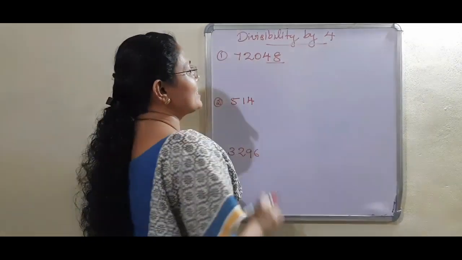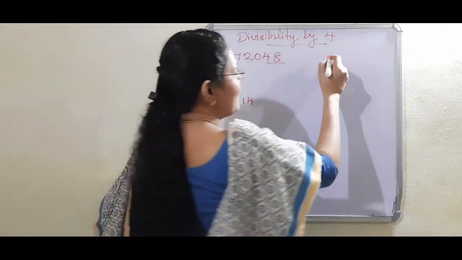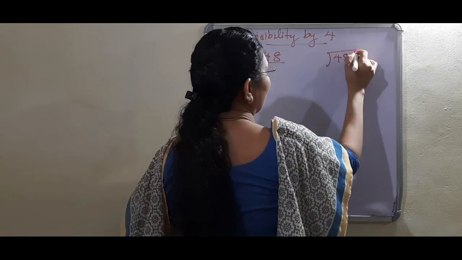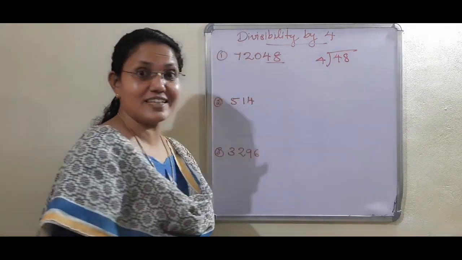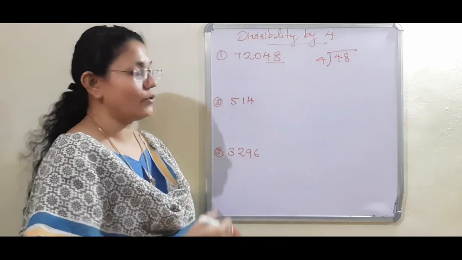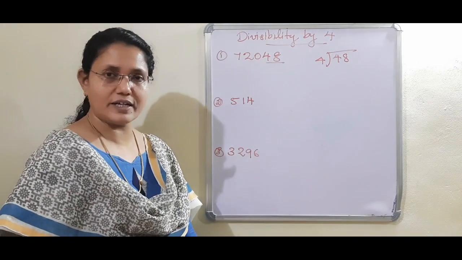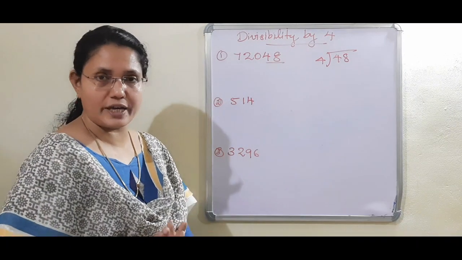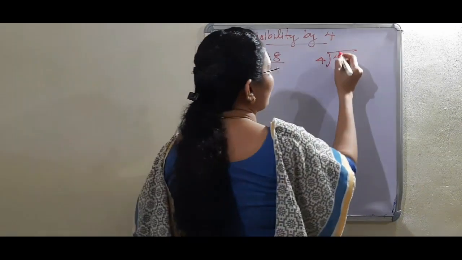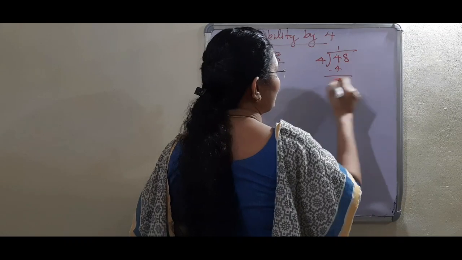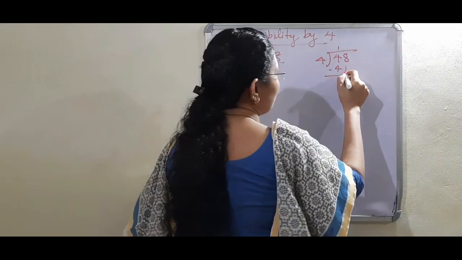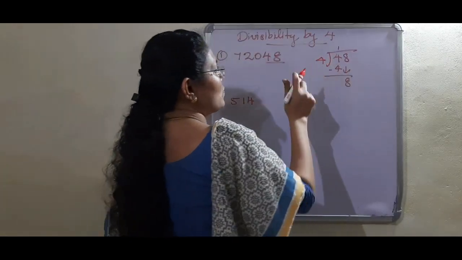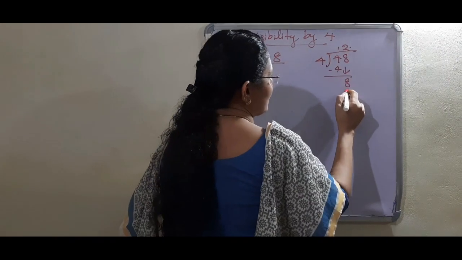The last two digits, first question, 72,048. The last two digits, that is the number, is 48. Divide 48 by 4. What to do? Divide the last two digits. Up to 40 you know the multiples of 4, so you need not divide. Numbers more than 40 you can divide. First 4 and 4, one time, 1 4 is 4. When you subtract you will get 0. Then bring down 8. 8 divided by 4 is 2 times. 2 4s are 8.